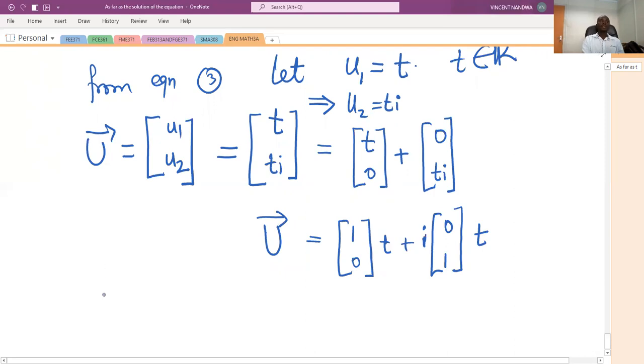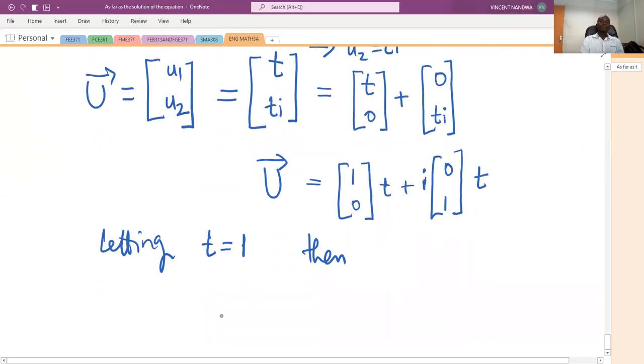So for simplicity, letting t be 1, then my u vector will be given by 1, 0 plus i 0, 1.